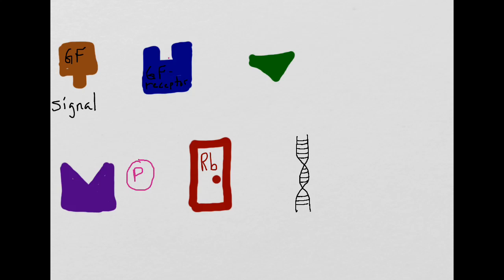This green triangle is, I'm going to put a C on it for cyclin. Okay, we'll see what cyclin does in a second. The purple guy is CDK. Okay.